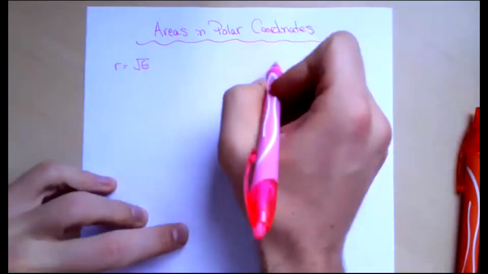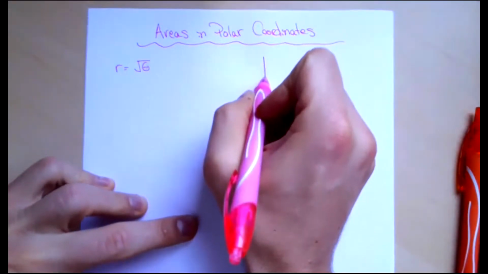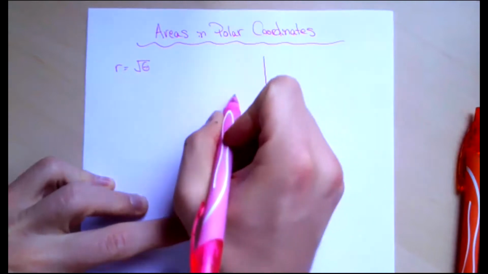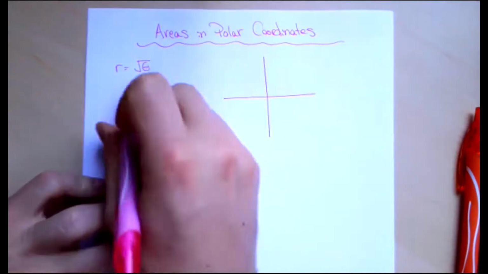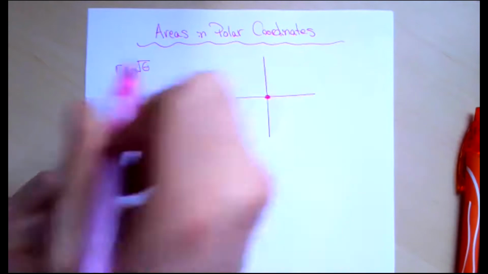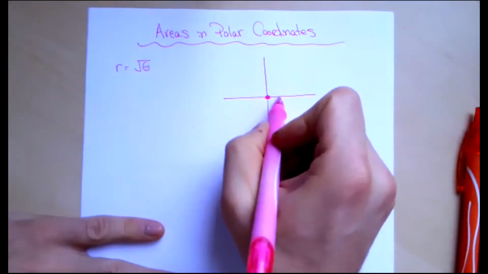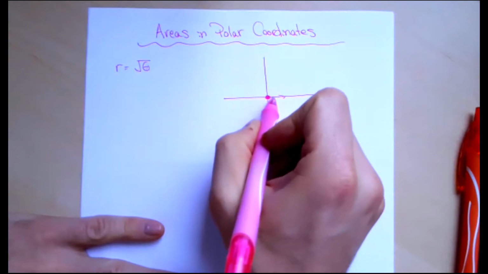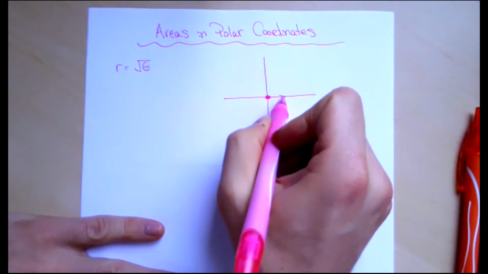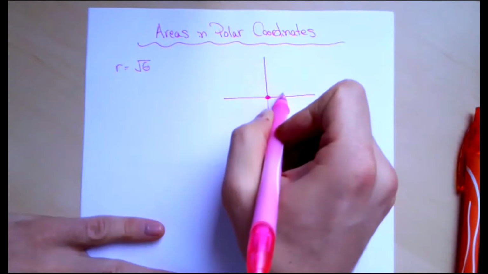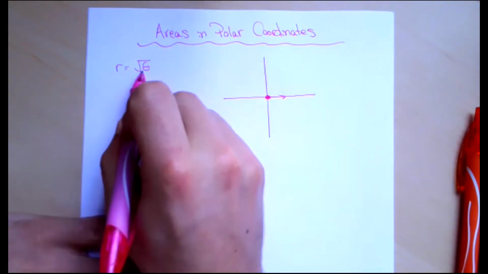So what's that going to be? It's essentially saying we can plug in our theta and make our table again. When theta is 0, what's r? 0. And what's going to happen as theta increases, so my theta is pointing in this direction, and then theta is going to rotate. And as theta increases, my r is going to increase.